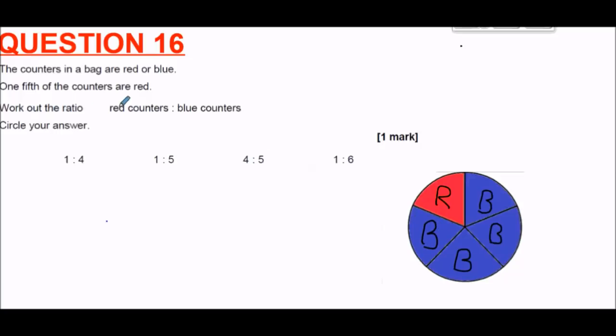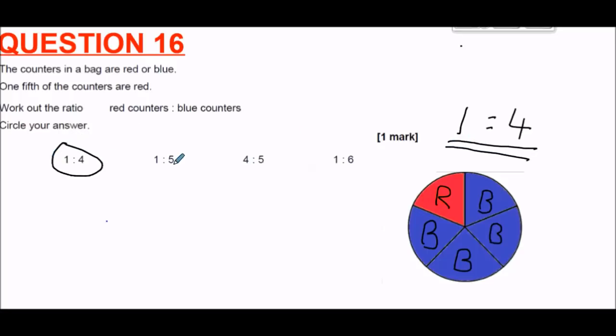So we have to work out the ratio of red to blue. One slice of this is red, so one slice of red to 4 slices of blue. And so the ratio of red to blue counters would be 1:4.